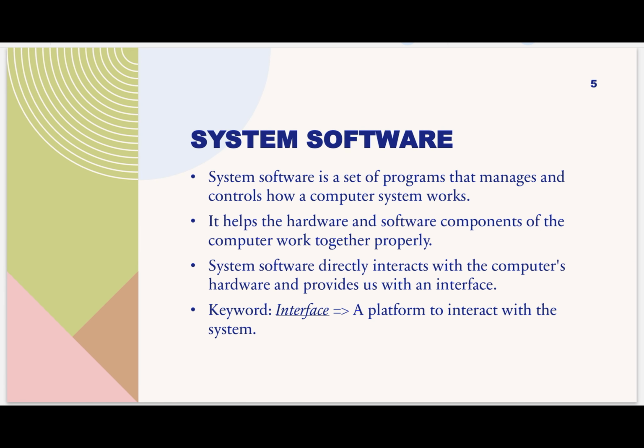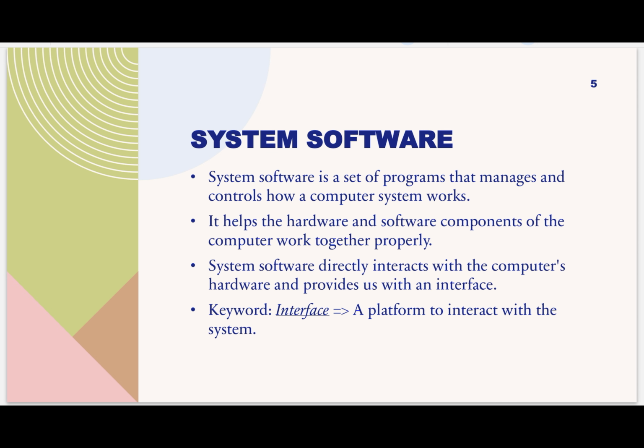Now next, system software is a set of programs that manages and controls how a computer system works. This is the definition of system software. It helps the hardware and software components of the computer to work properly.